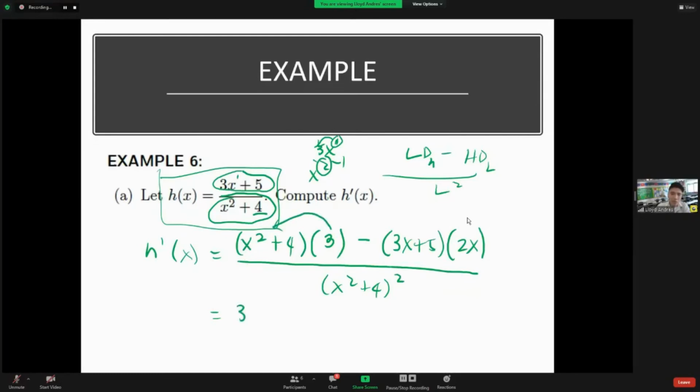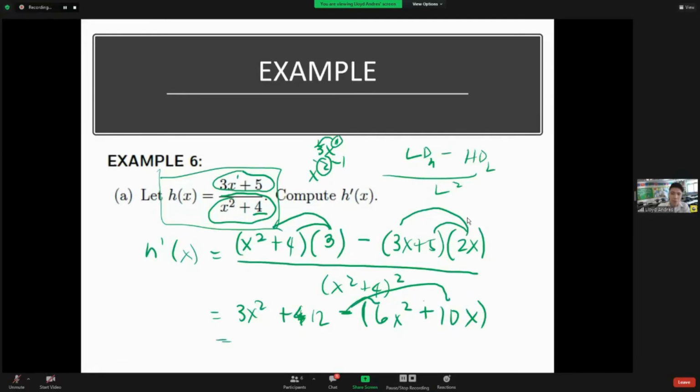We have 3x squared plus 12. Then distribute the 2x: that's 6x squared plus 10x. Since there is a negative in front, we need to distribute the negative as well.